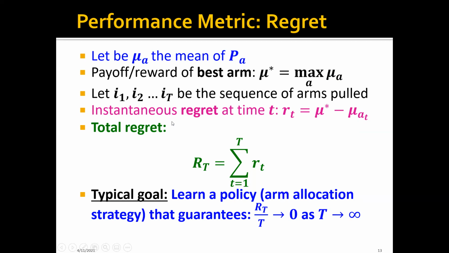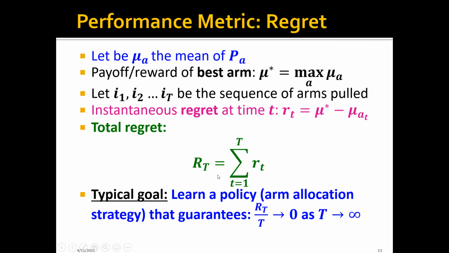Then the instantaneous regret at time t will be mu star minus mu of I_t. Remember that this I_t is the arm that you pull at time t, right? So this is the regret that you have at time t. This is quite intuitive. And the total regret would be just the summation of all the instantaneous regret over all the time steps. So you just sum up all the L_t where t indexes the time step.